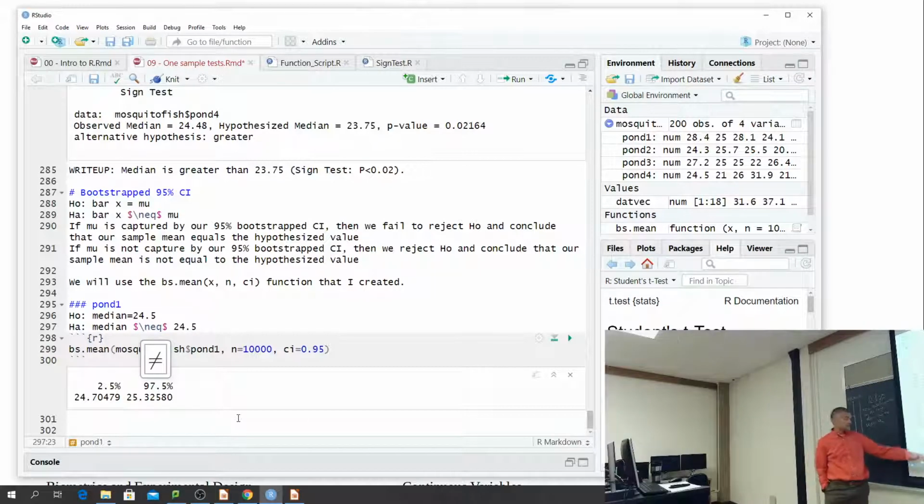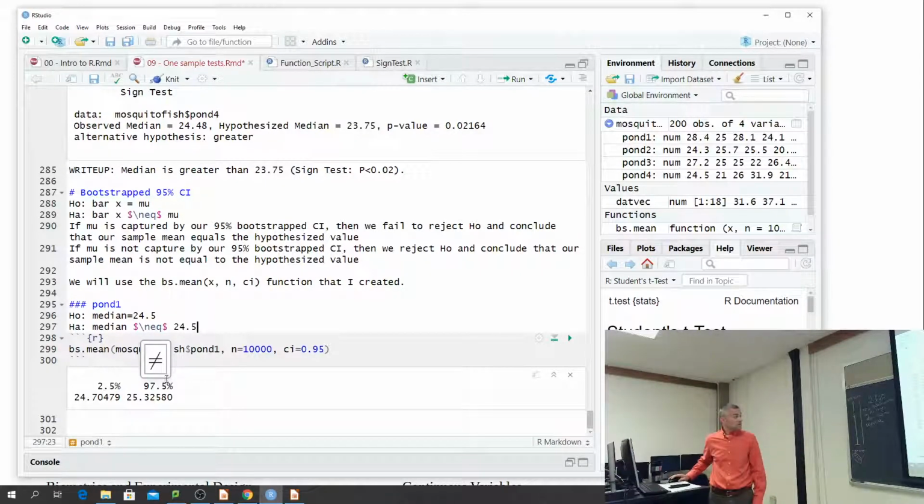You'll note that this is the same conclusion that we got from the t-test. That will happen as long as the assumptions of the t-test are met: we will get the same conclusions whether we do a t-test or a bootstrap confidence interval.